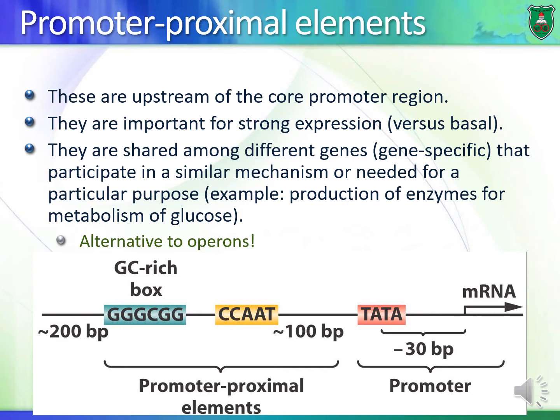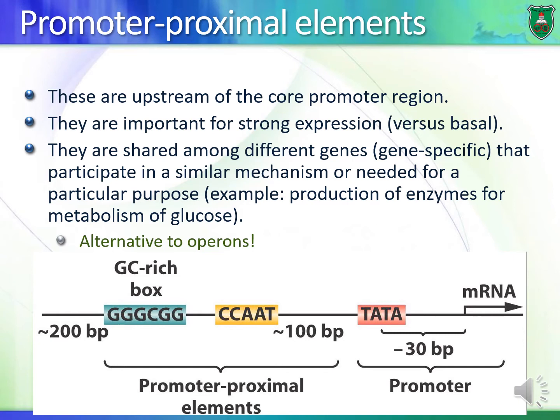All of these sequences that we talked about are known as core promoters, that include in bacteria the -10 and -35. That's the core promoter. The TATA box, the BRE, and DPE, these are all known as core promoters.